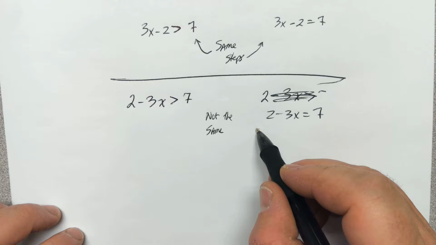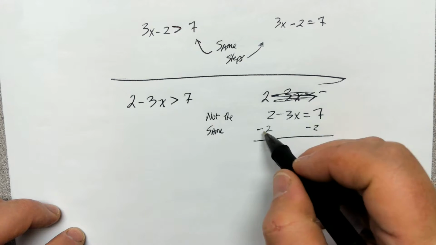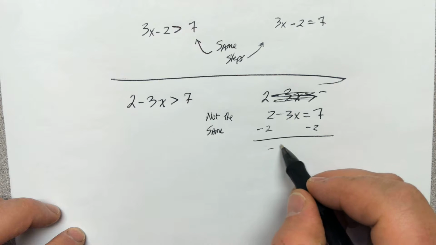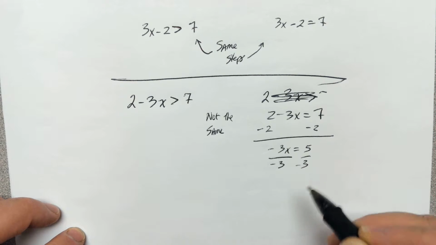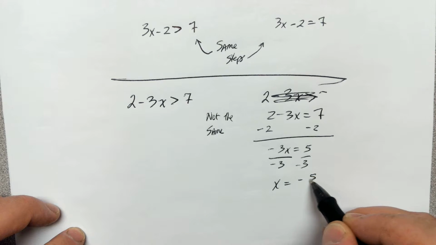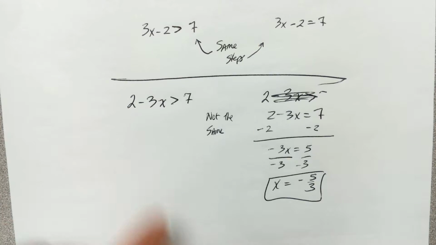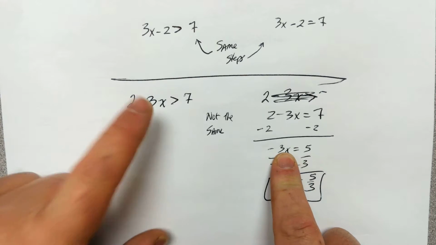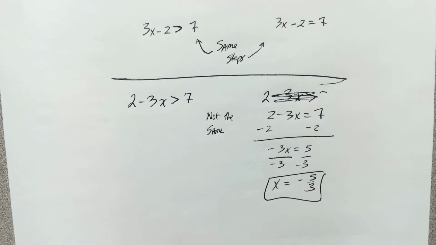Because with this one, you're still going to subtract 2, and you get negative 3x equals 5. And then you would divide by negative 3. You get a fraction, but no big deal. But when you divide by a negative, you have to change the sign, because negative means opposite, and so all the answers get opposite.